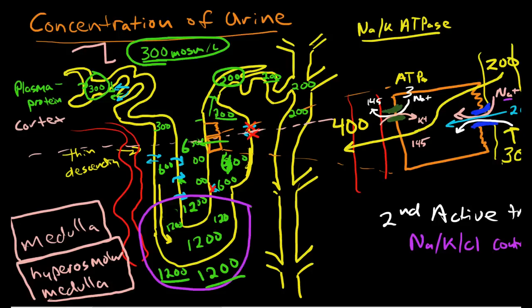But where it gets interesting is when the filtrate drains down the collecting duct back into the medulla. The interstitial fluid is very, very hyperosmolar here, right? So if we have the hormone ADH present, what does the ADH do? Well, it inserts little pores called aquaporins into the collecting ducts in the medulla of the kidneys.